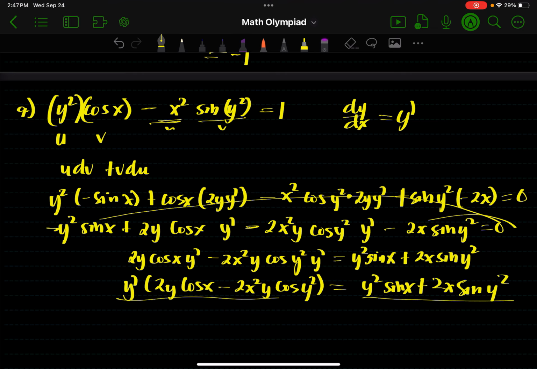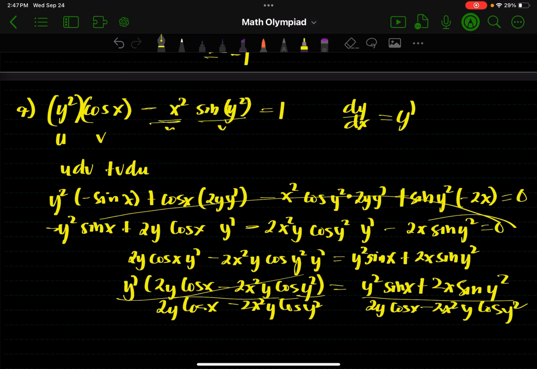Divide both sides by 2y cosine x minus 2x squared y cosine y squared. So cancel.